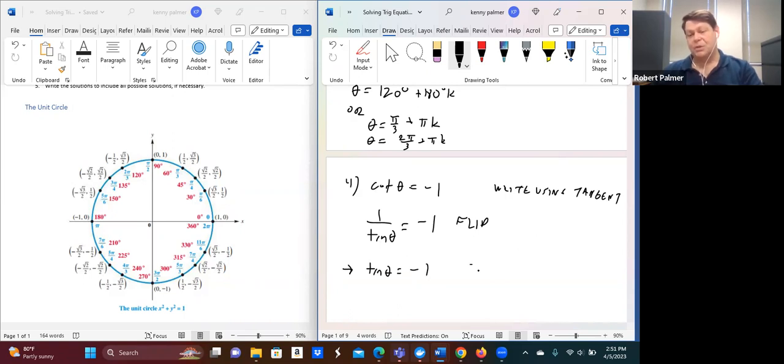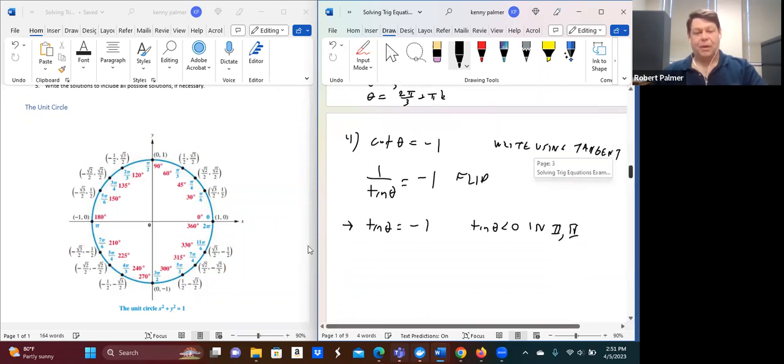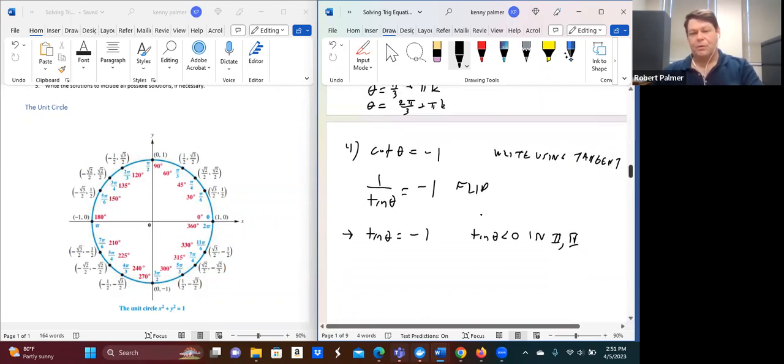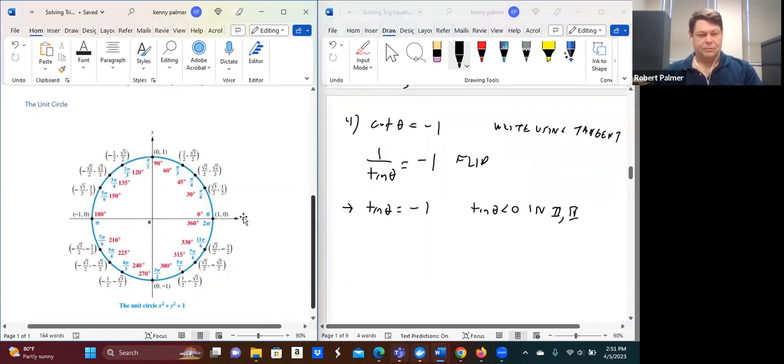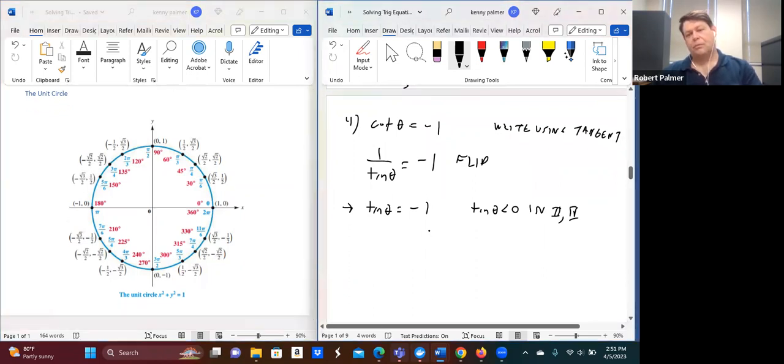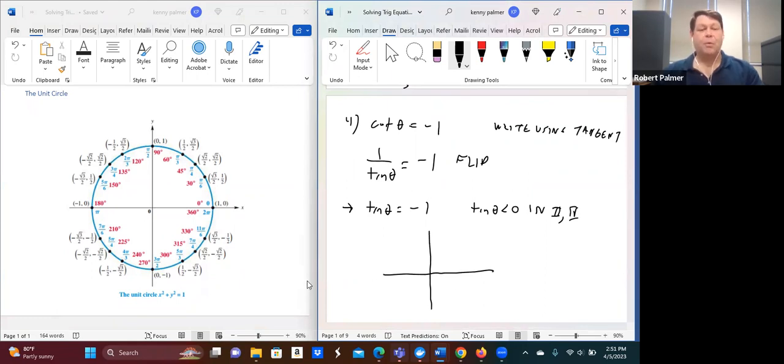Of course, tangent of theta is less than 0 in quadrants 2 and 4, basically where sine and cosine have opposite signs. So if you look over once again at our unit circle, we know we're going to have one solution in quadrant 2 and one in quadrant 4.